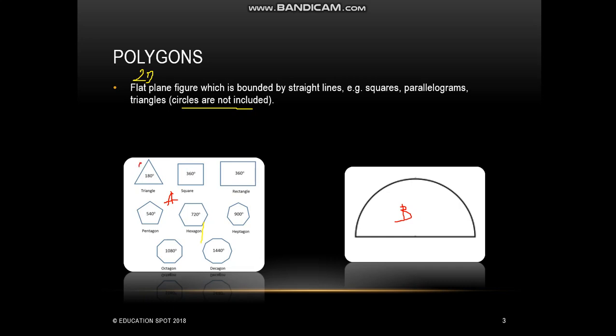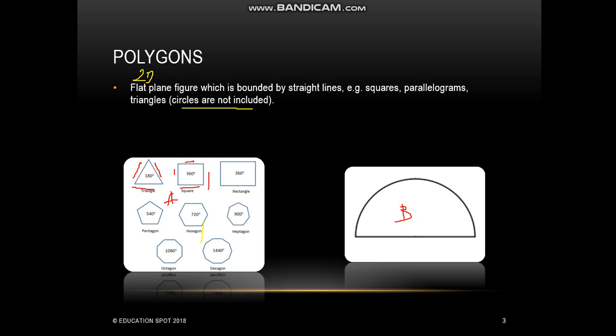Here you see we have a 2D shape which is enclosed by 3 straight lines, and since it's enclosed by straight lines and the straight lines are closing the figure, it means it qualifies as a polygon. Even this one qualifies as a polygon because it has 4 sides which are enclosed by straight lines.